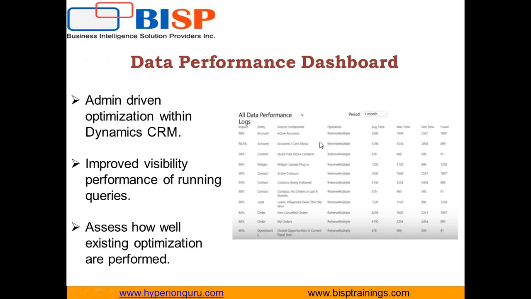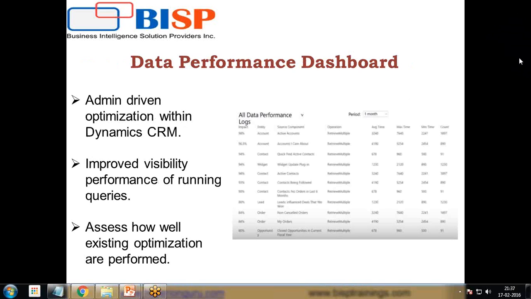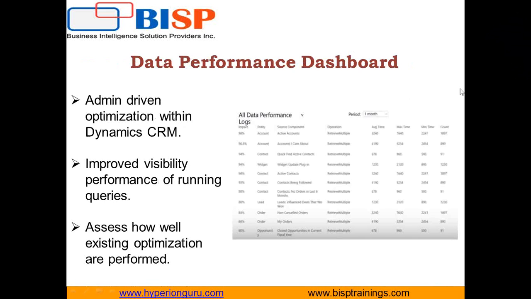The next feature which has been added recently in 2016 is the data performance dashboard. Although we already have existing dashboards available in Dynamic CRM, those dashboards do not explain the ongoing processes.